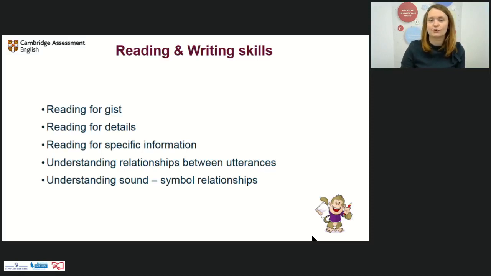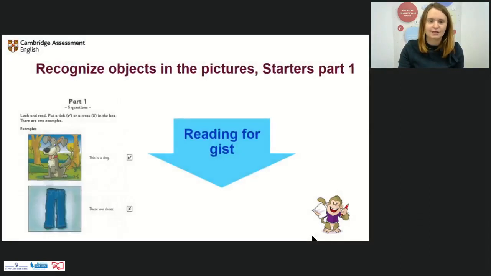Again, that would be for your spelling. And when you're reading something, of course, you have some inner voice that dictates what you're reading. So let's have a look at some tasks from the exam and the skills that we need here.